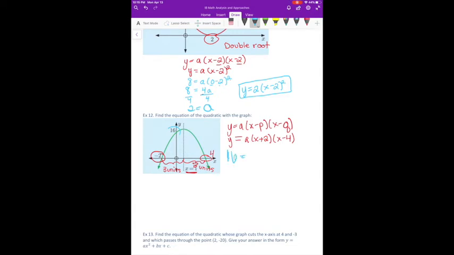Plug in 16. So we got 16 equals a times, remember we plugged that in for y and 0 for x, so we get 0 plus 2 times 0 minus 4. So we have 16 equals a times 2 times negative 4.